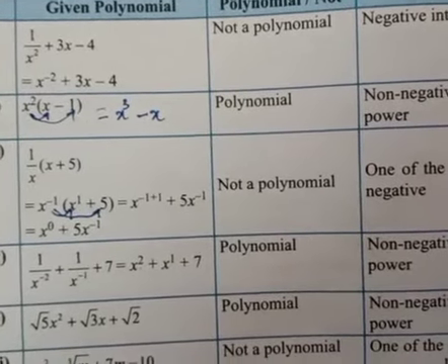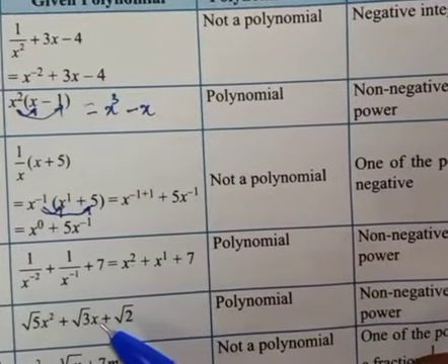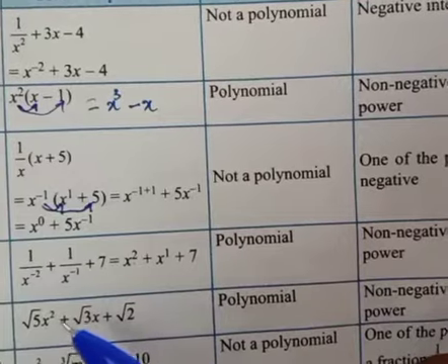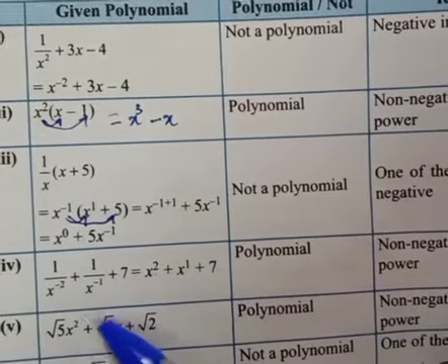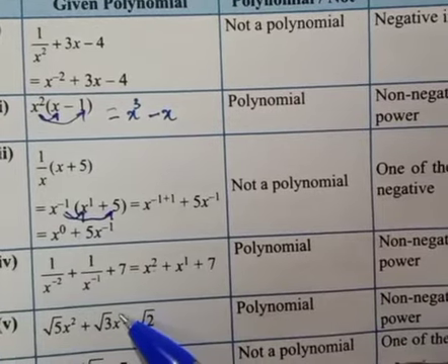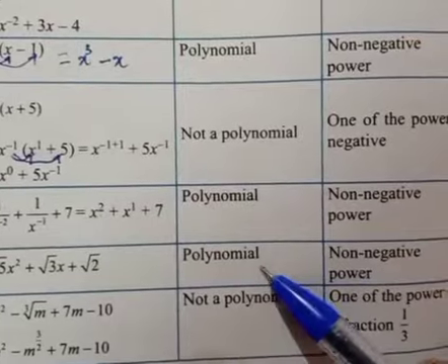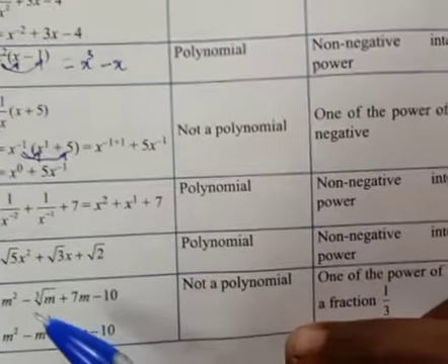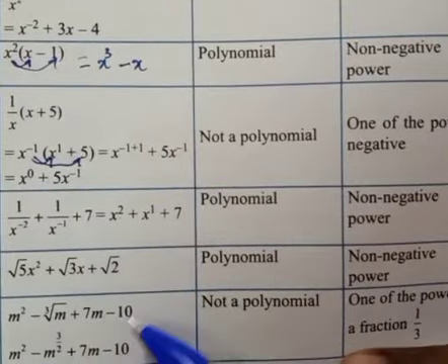What is the meaning of non-negative? That is positive. Next, root 5 x square plus root 3x plus root 2. You have to check the variable's powers. It is 2, it is 1. These two are also positive. So it is a polynomial. Okay, you have to write the reason. Next, m square minus cube root of m plus 7m minus 10.